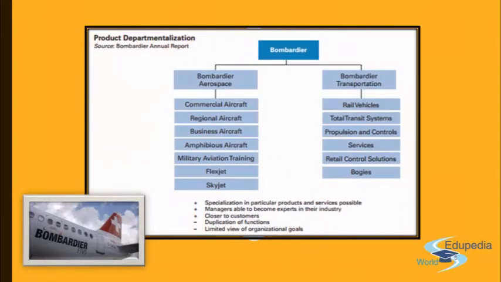So this is the product departmentalization of Bombardier. We have Bombardier Aerospace and Bombardier Transportation. Under aerospace, we have commercial aircraft, regional aircraft, business aircraft, amphibious aircraft, military aviation training, flexjet and skyjet. Under Bombardier Transportation, we have rail vehicles, total transit systems, propulsion and controls services, retail control solutions and bogies. So this is the product departmentalization of Bombardier.